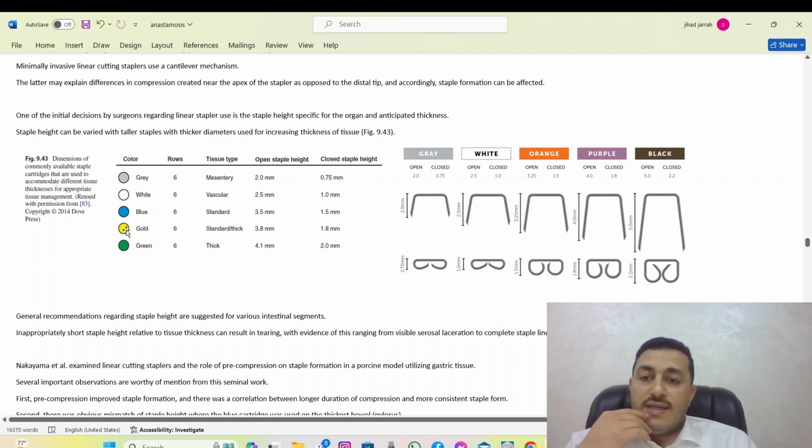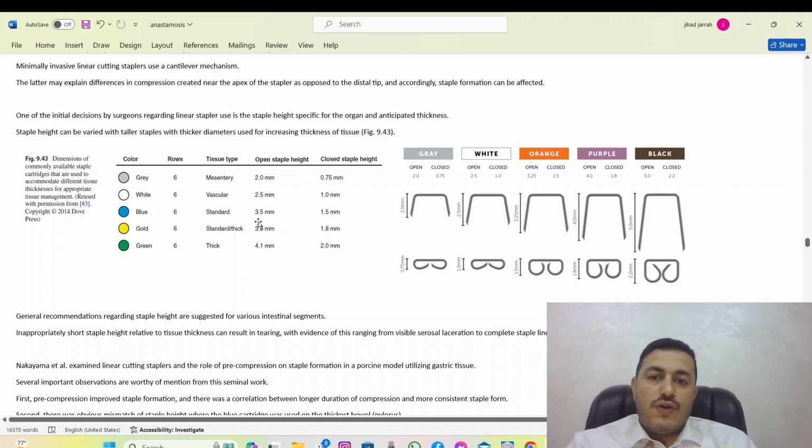And here you can see the rough recommendation. For example, gray is for the mesentery, so I think it's small. The open height is 2 millimeter, 0.5 the closed height. As you see, this is the open height, and this is the closed height after closure of the staple. So blue is the standard.